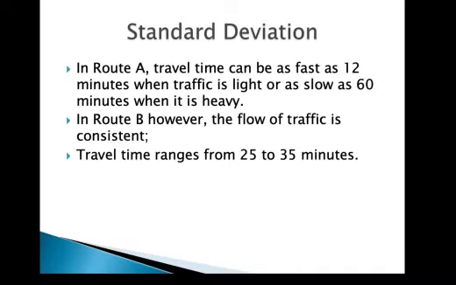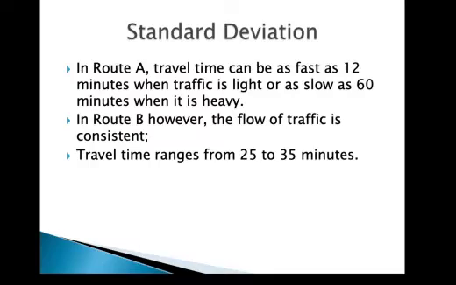In route B, however, the flow of traffic is consistent. Travel time ranges from 25 to 35 minutes. Now, suppose you are still in your house, you have an examination at 8 o'clock, and it's 7:25.